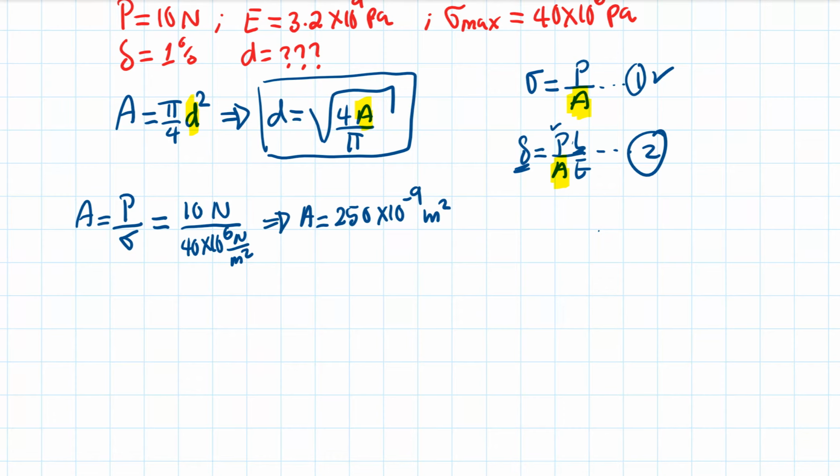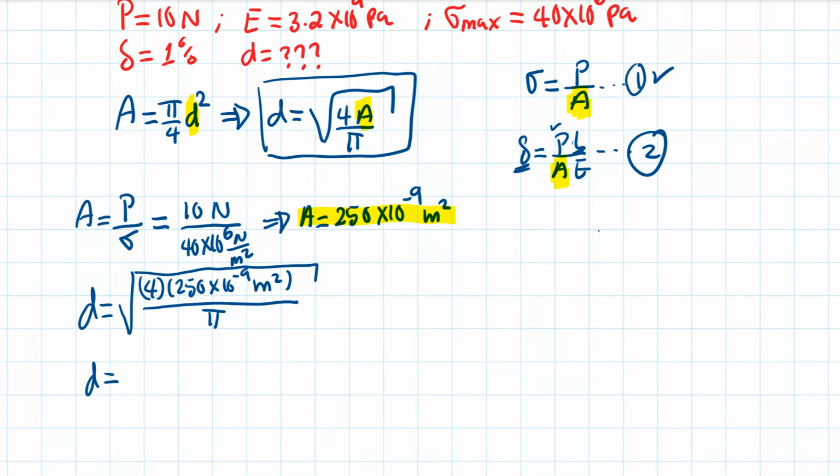So now we can plug in this found area into our diameter equation. Four times 250 times 10 to the power minus 9 meters squared divided by pi.